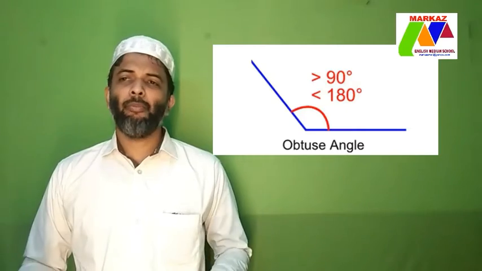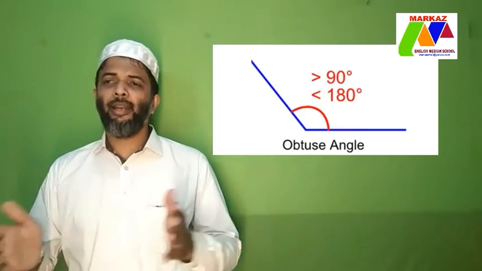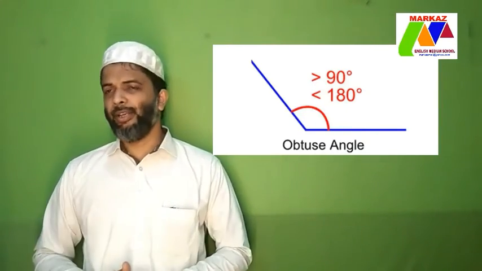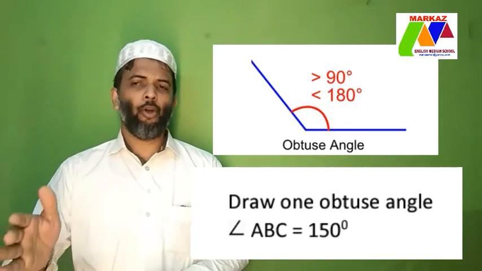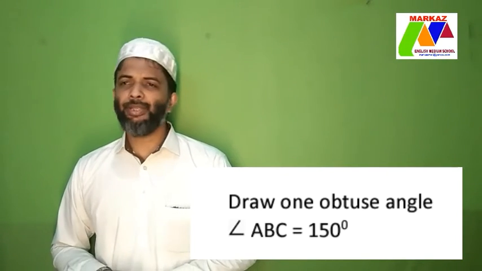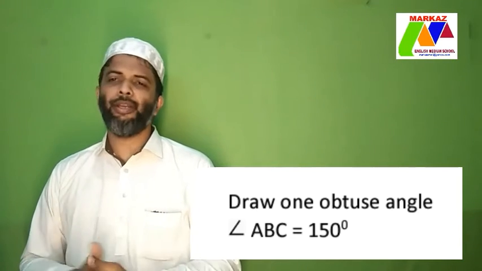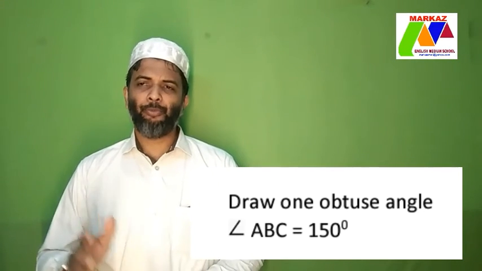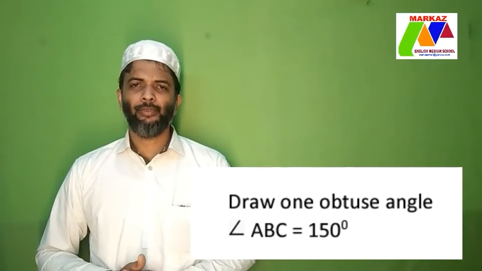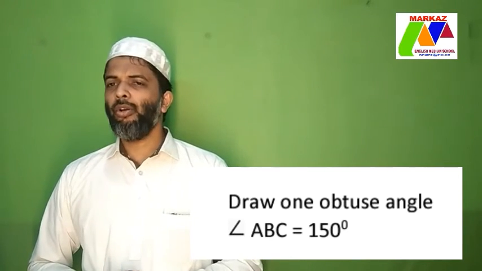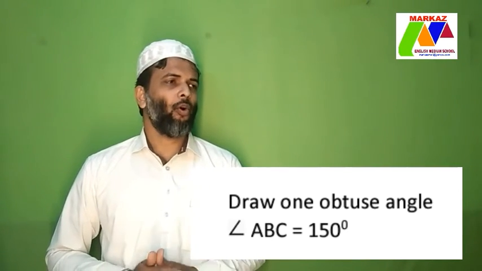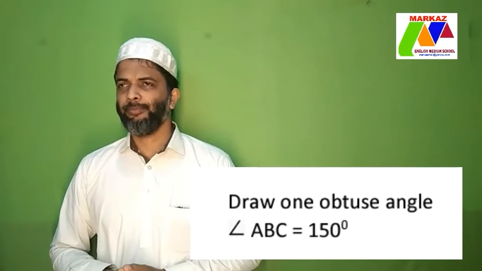It is always more than 90 degrees and less than 180 degrees. Draw one obtuse angle, angle ABC equal to 150 degrees. Pause the video and draw it in your notebook.